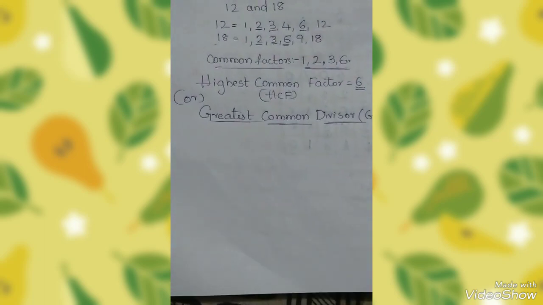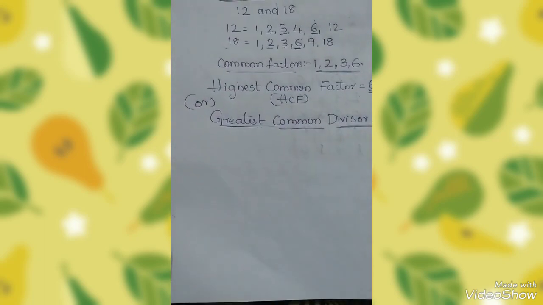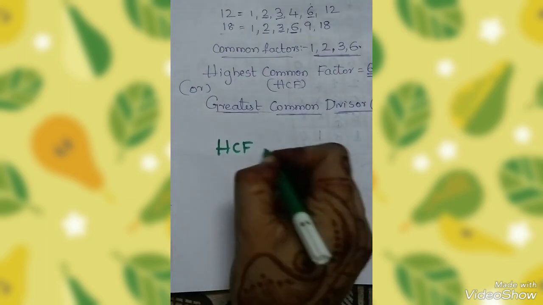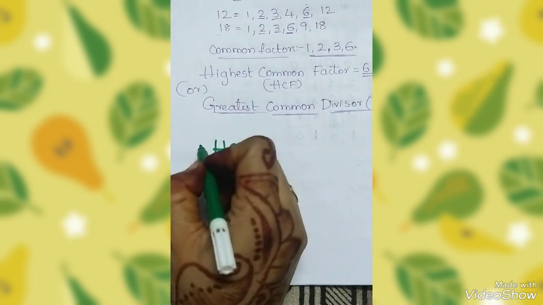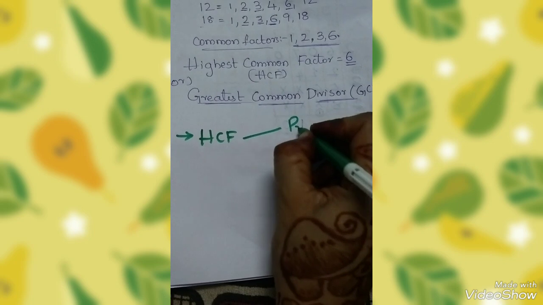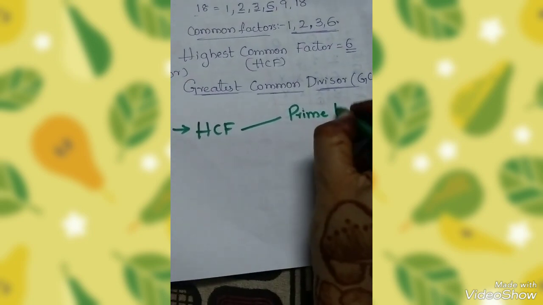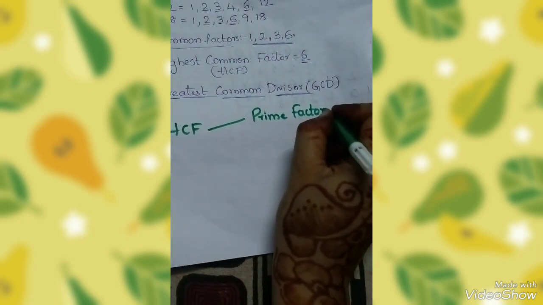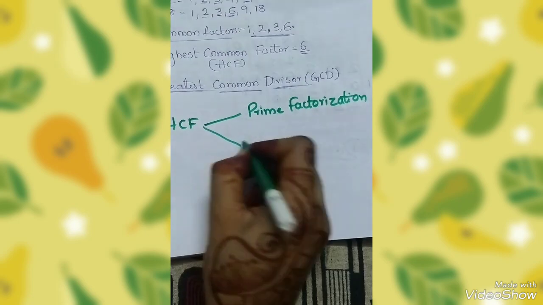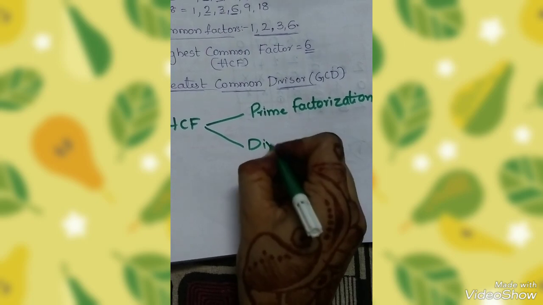Now we have two methods for finding the HCF. The first method is the prime factorization method, and the other way is the division method.